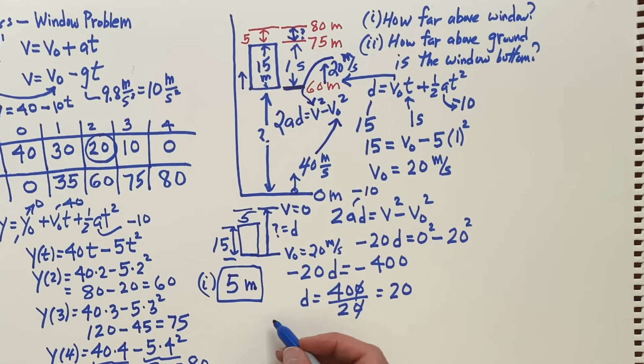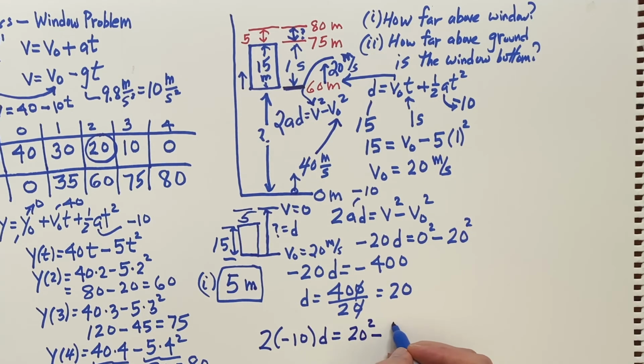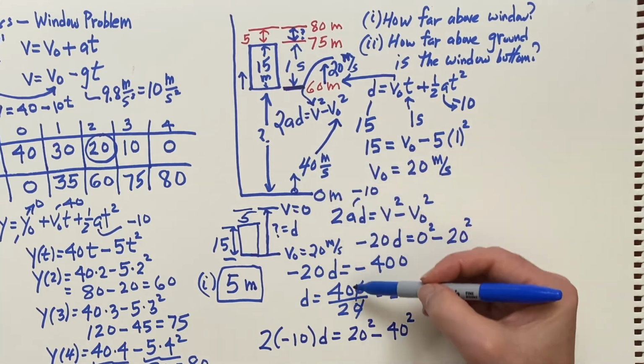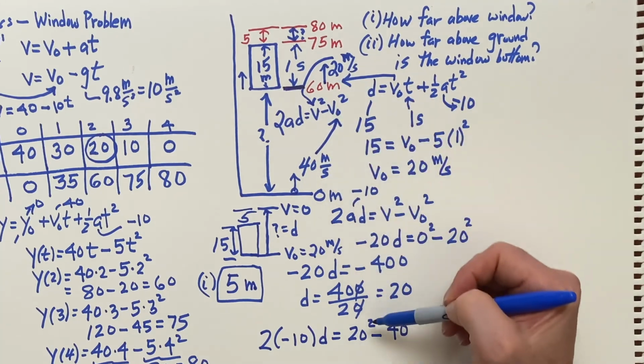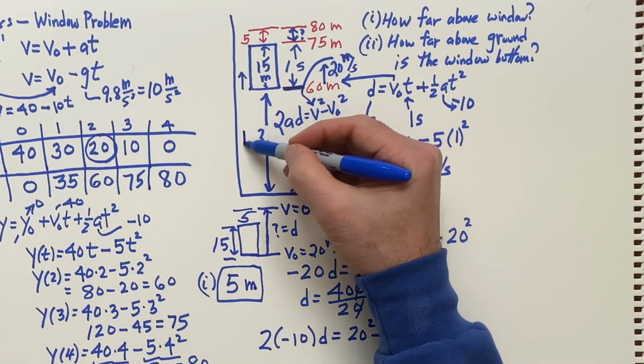So we're going to have here 2 times minus 10 times D is going to be 20 squared minus 40 squared. This here is the initial one. The final one is the 20.